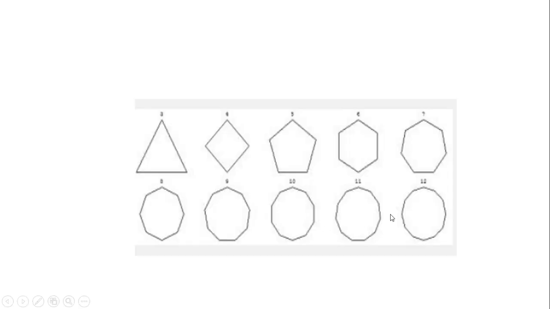Again, we're going up to our regular polygons, 8, 9, 10, which is a decagon, 11gon. The 12-sided figure is a dodecagon. Bet you didn't know that the icosagon is a 20-sided figure.